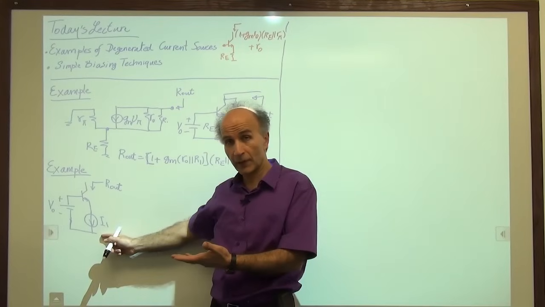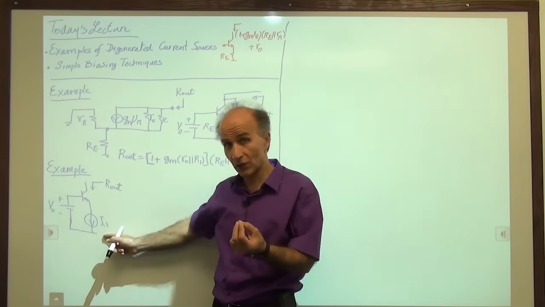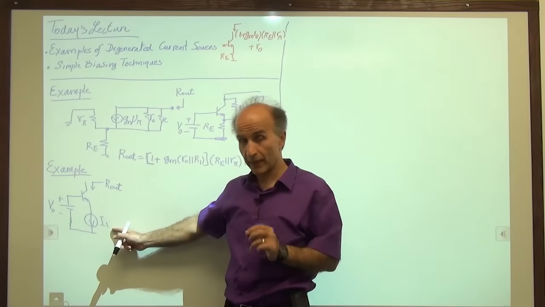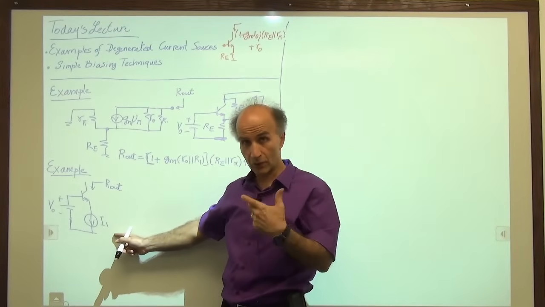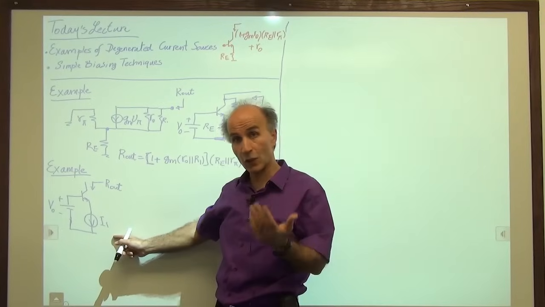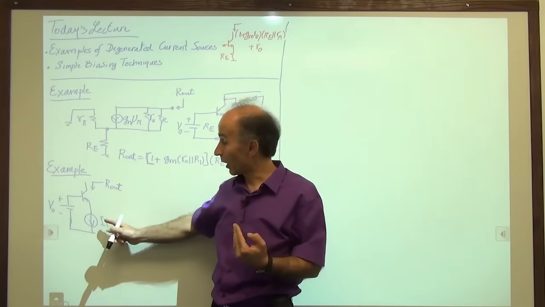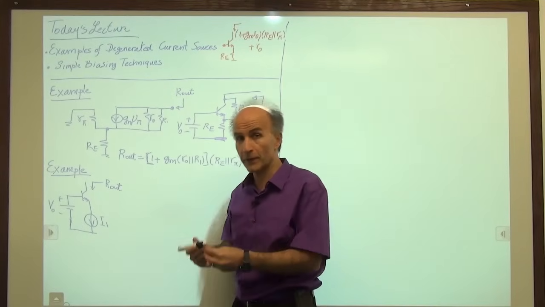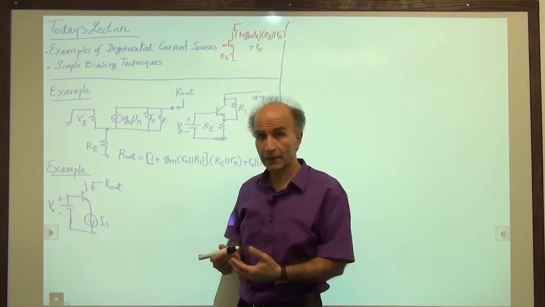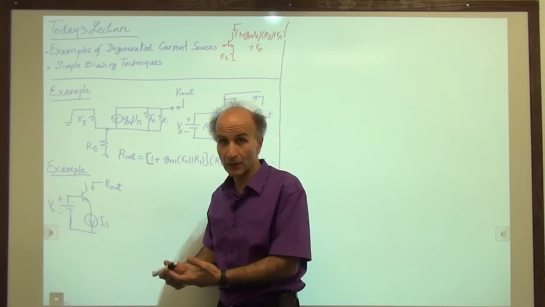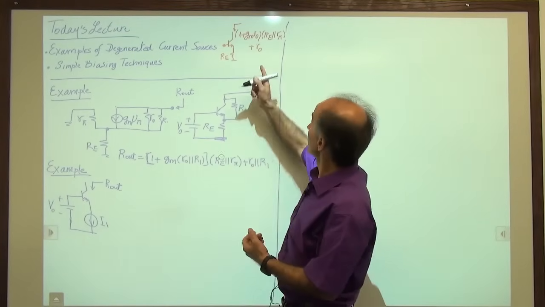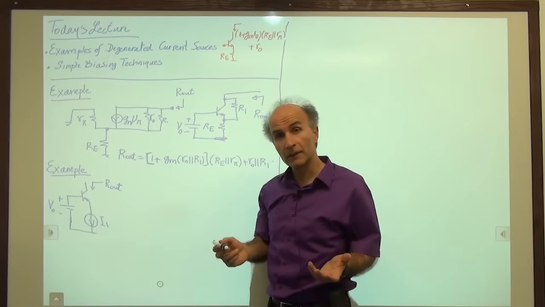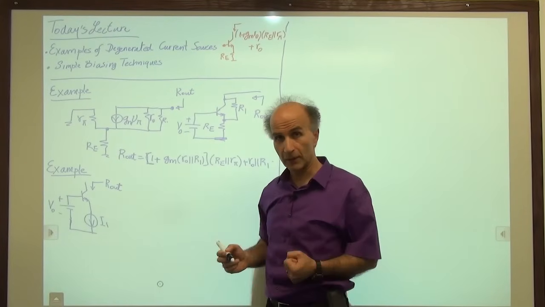Because it doesn't change with time, because its change with time is 0, it will be replaced by a 0 current source. And a 0 current source, a circuit that doesn't carry a current, is an open circuit. So I1 in the small signal model will be replaced by an open circuit. An open circuit has a resistance of infinity. So maybe what I can do is go back to this equation and replace RE with infinity. That will be the output impedance.